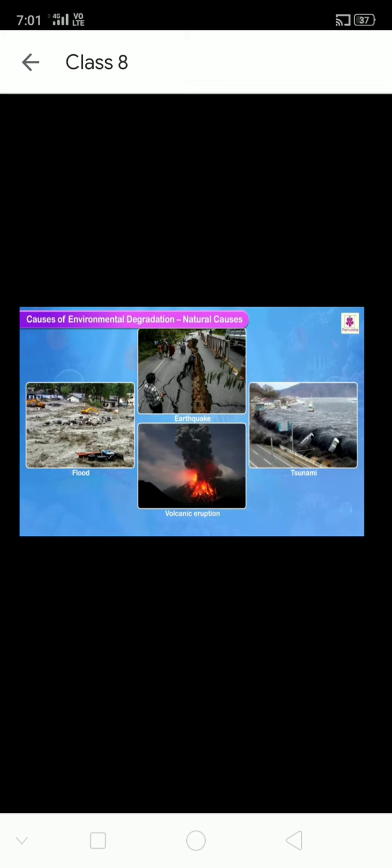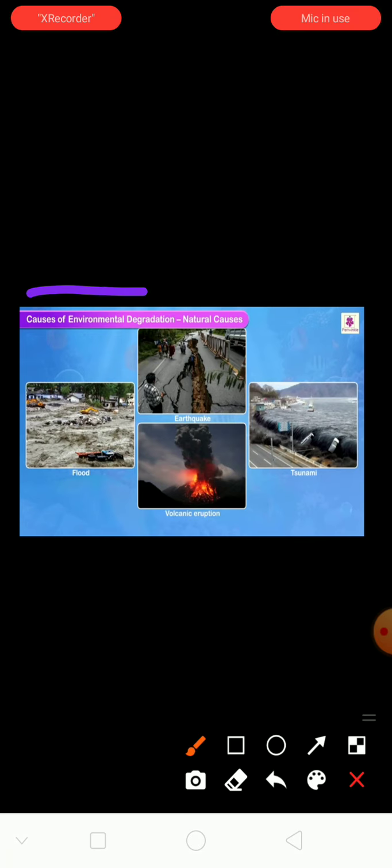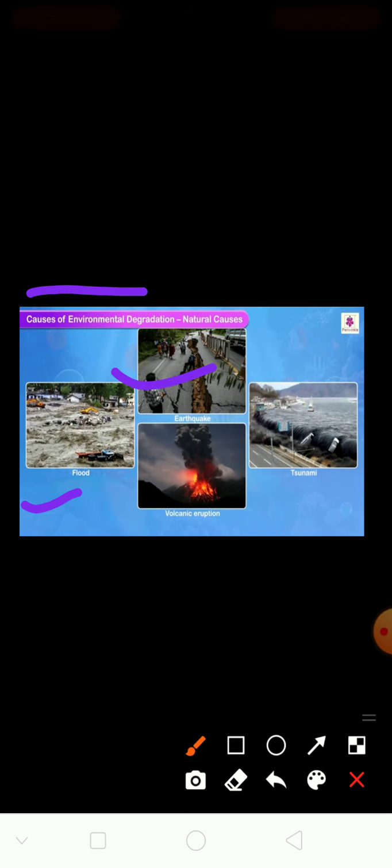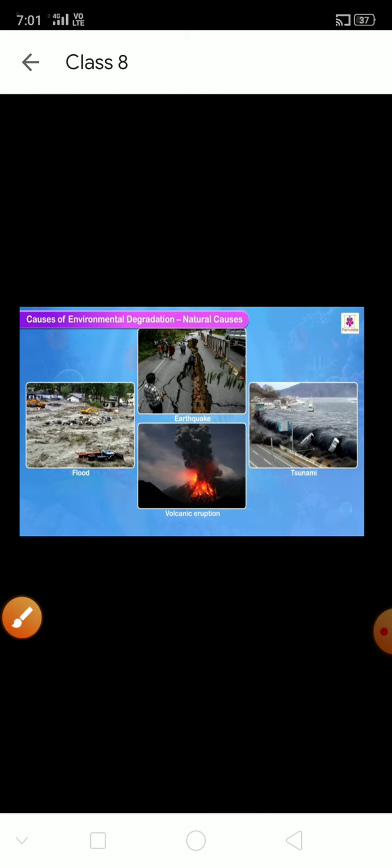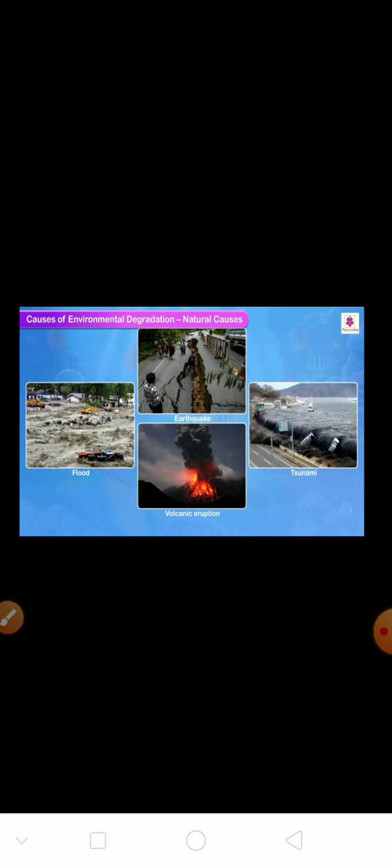Next, see here, causes. These are the causes of environmental degradation. These are the natural causes: floods, earthquakes, tsunamis, volcanic eruptions.